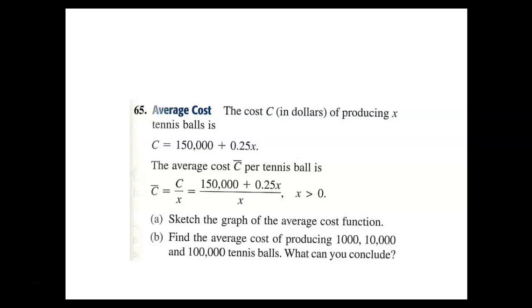So if you're going to be making x number of tennis balls, it's going to cost you altogether 150,000 plus 0.25x dollars. Then the average cost per tennis ball would be if you take that total cost and divide it by the number of tennis balls you're making. So 150,000 plus 0.25x over x.